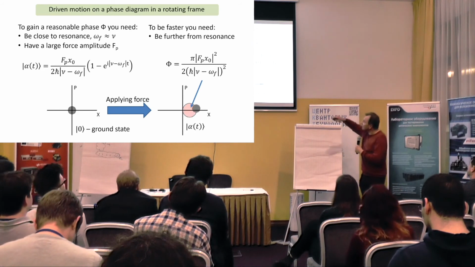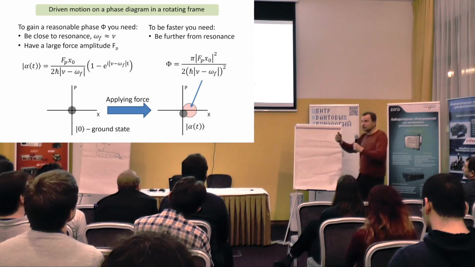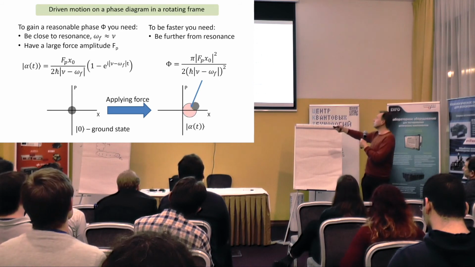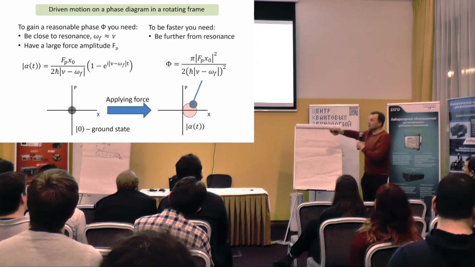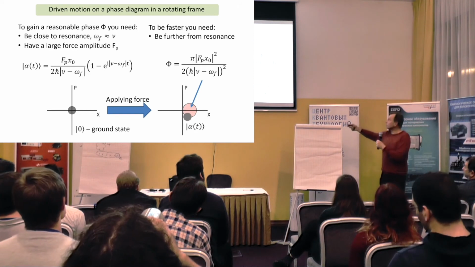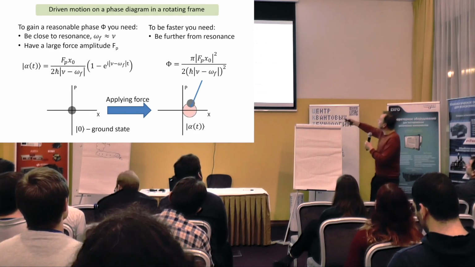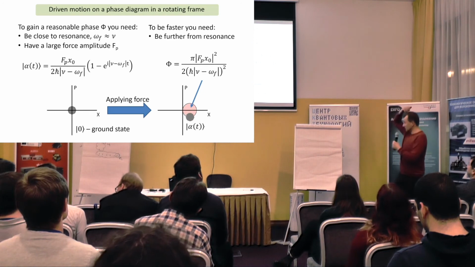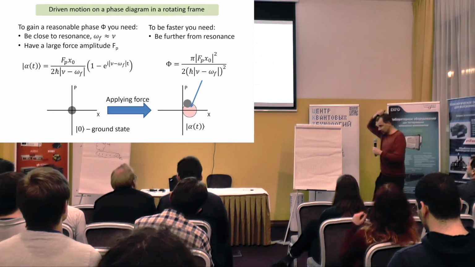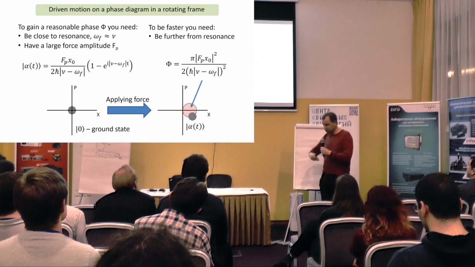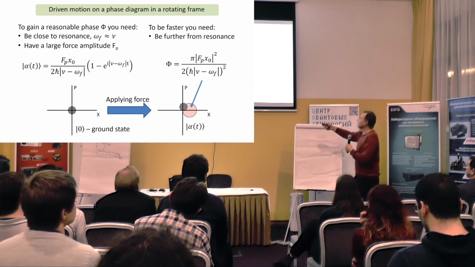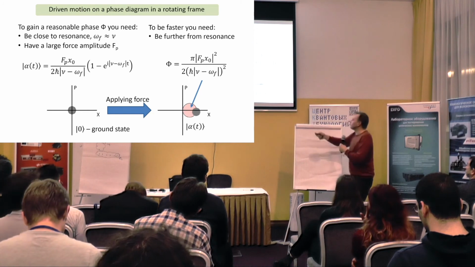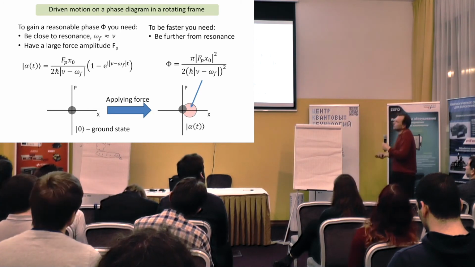This can be tricky because there's competition. On one hand, you have to be close to the resonance because then you get more phase. You have a large force amplitude, and it's desirable to have a large force amplitude to increase the phase. But on the other hand, you want to make this procedure fast, and the speed scales with the difference of frequencies, so it's better to be far from resonance.